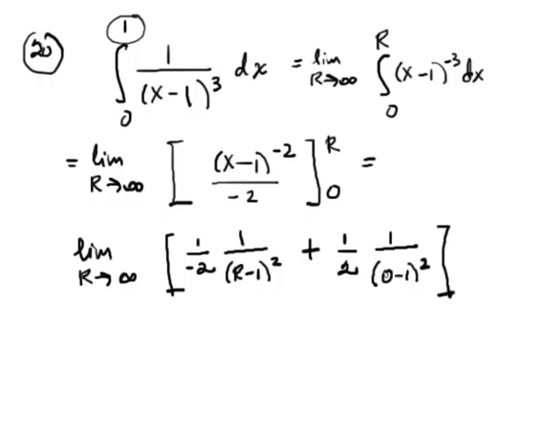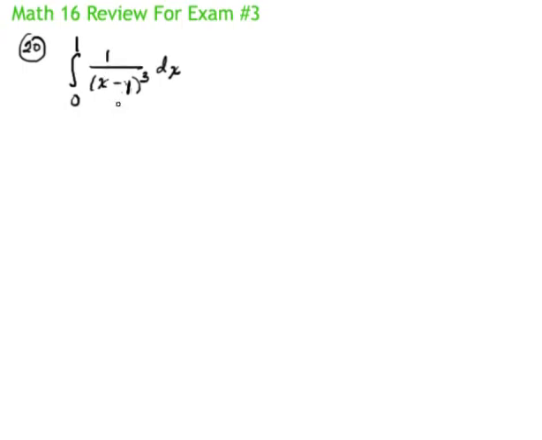Okay, we substitute in 0 over here. All right, here we're going to take the limit as r goes to infinity. Sorry, I wrote r goes to infinity. It's the limit as r goes to 1. Okay, this integrand has a vertical asymptote at x equals 1, and one of our limits is 1. So we're going to replace that limit with r and take the limit as r goes to 1.